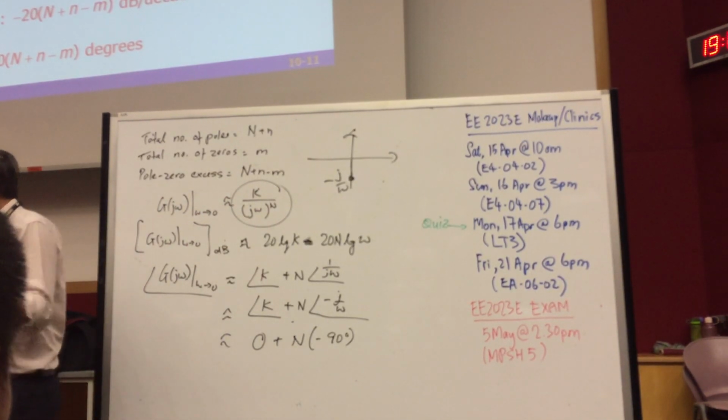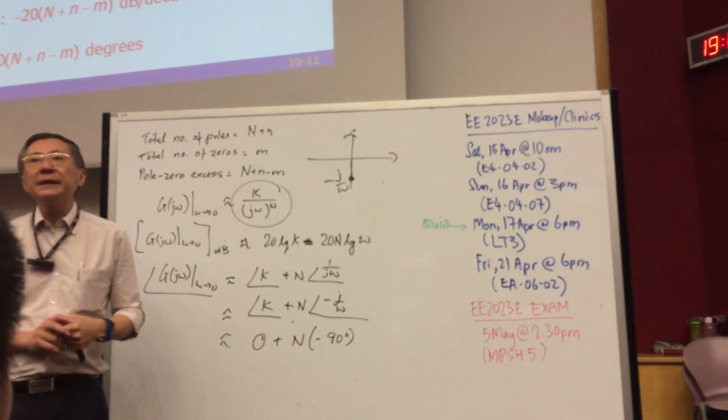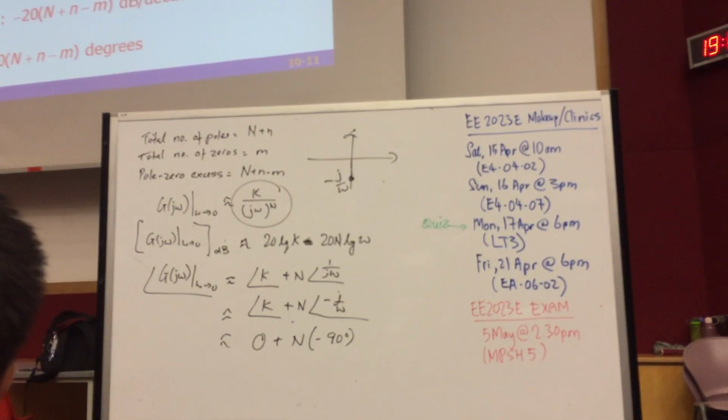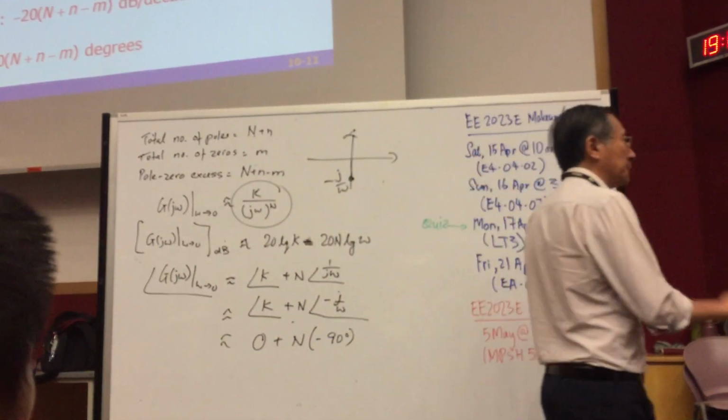Again, if you change to dBs, it will look like this. All the constants you bring out here, and the term that has omega is down here. And what do we see? We see that it is a linear function of log omega, and the slope is minus 20 dB times the pole excess.